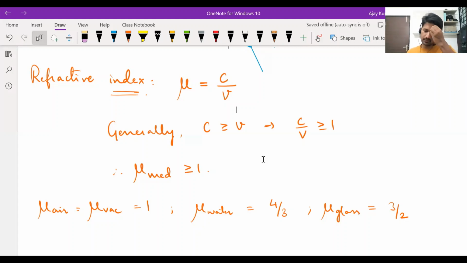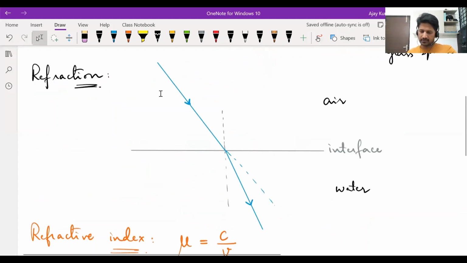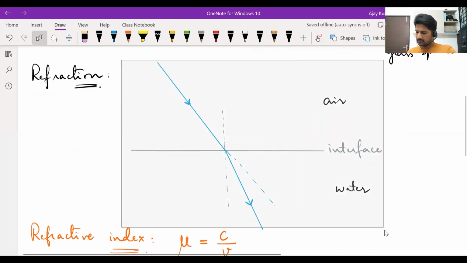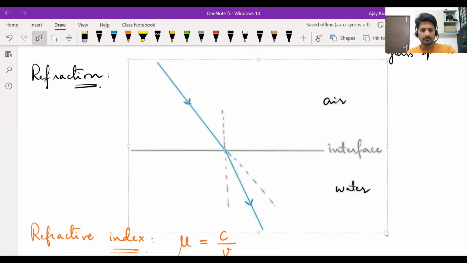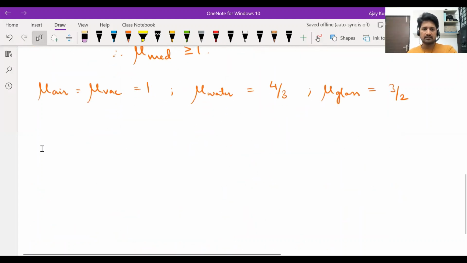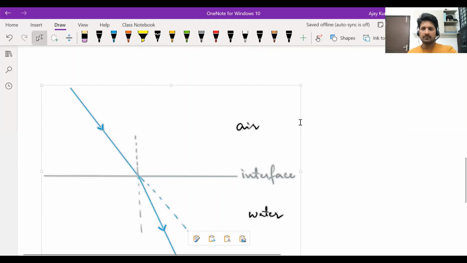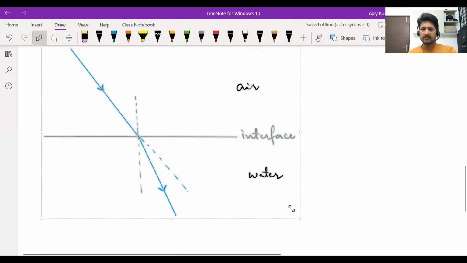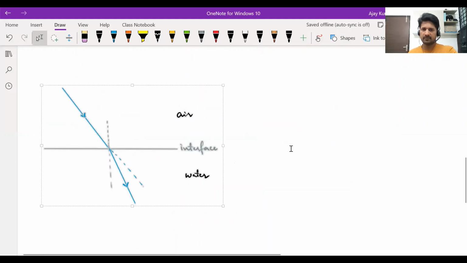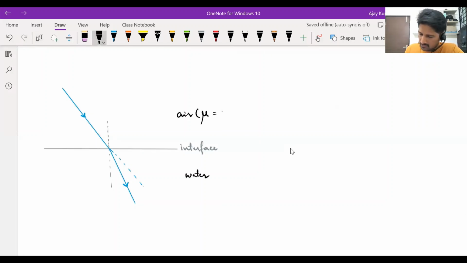Fine. Now, it has been observed experimentally that when light travels from a medium of less refractive index, like air, whose refractive index is 1, to water, whose refractive index is 4 by 3, that is 1.33, that is, from a medium of less refractive index to a medium of greater refractive index, it is found to bend towards the normal.